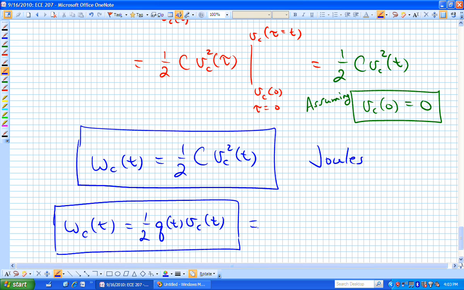Or we could do it again and say Q is CV, so V is Q over C, so that we now have 1/2 Q squared of t over C. And again, that's in joules.